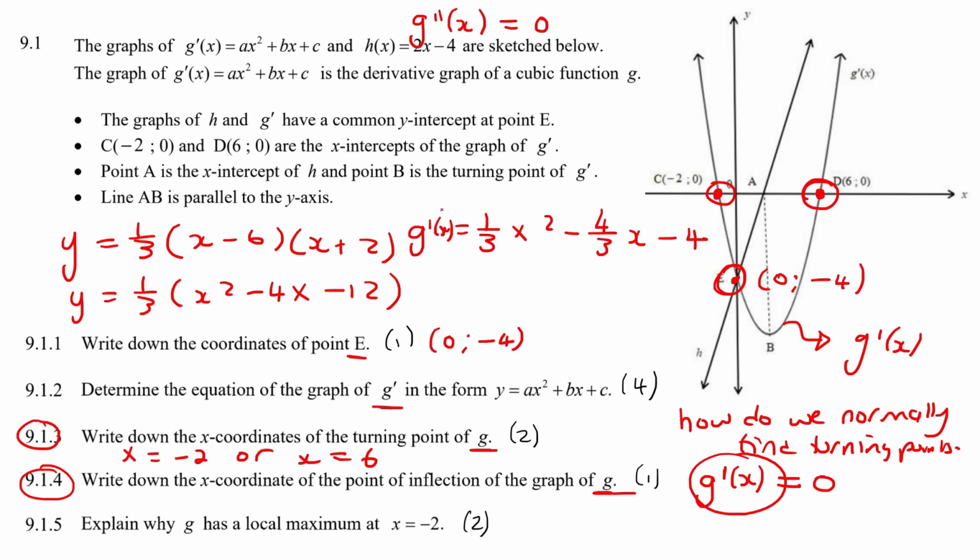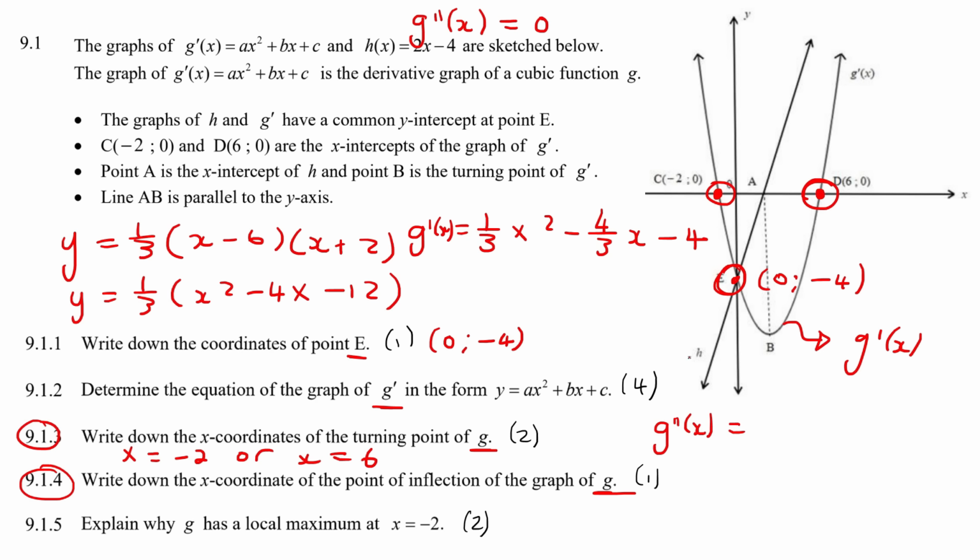Then all we need to do to go from our first derivative to our second derivative is just take the derivative of this once. And so to take that, remember that this number here is going to multiply to the front. That's going to be 2 over 3, x to the 1, minus, then this part here just becomes 4 over 3. And then this part falls away completely.